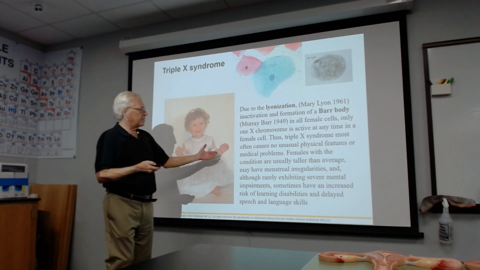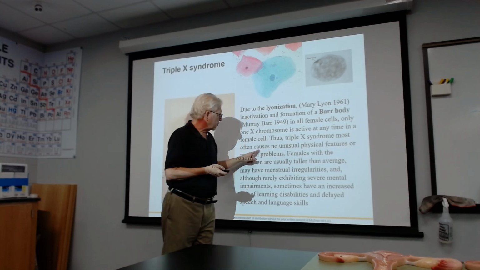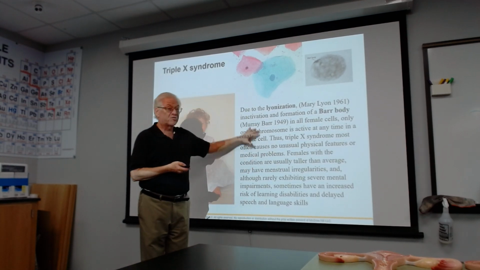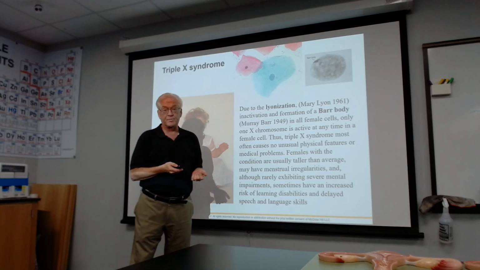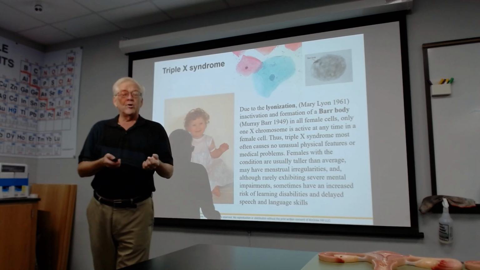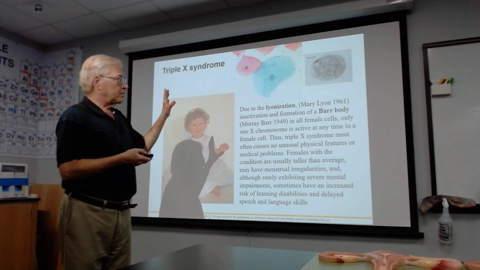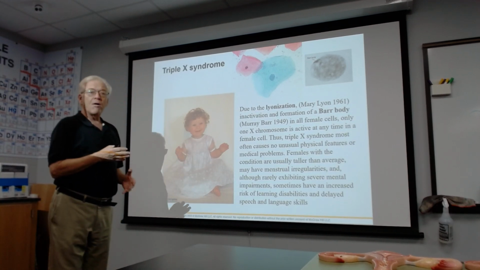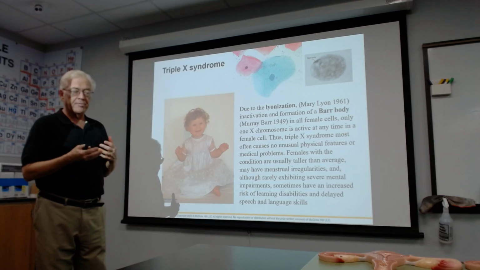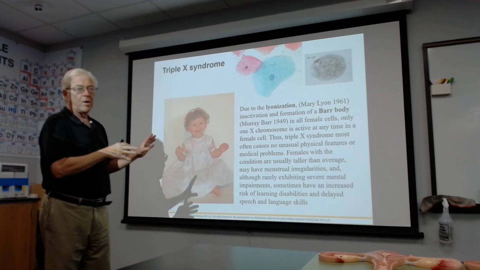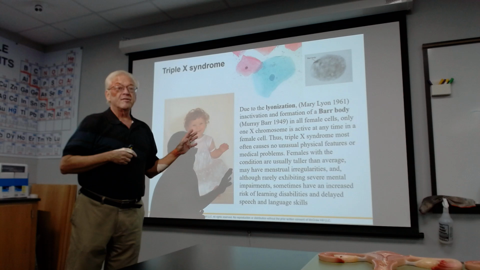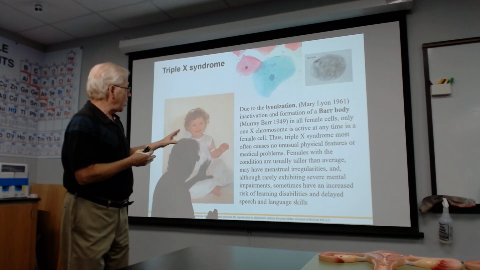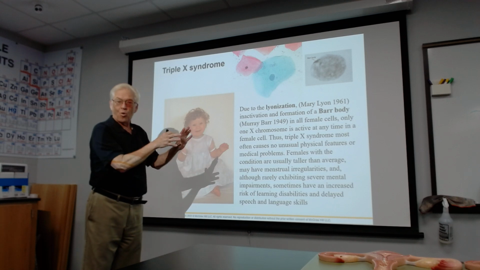Now, what if you have triple X? Guess what? Thus, triple X syndrome most often causes no unusual physical features. I got this directly from the triple X website. Okay? Triple X kids are obviously female. Got it? But how come they don't have a lot of problems? And the reason I went to this website is because this is where parents whose kids are identified as triple X will upload pictures and stories.